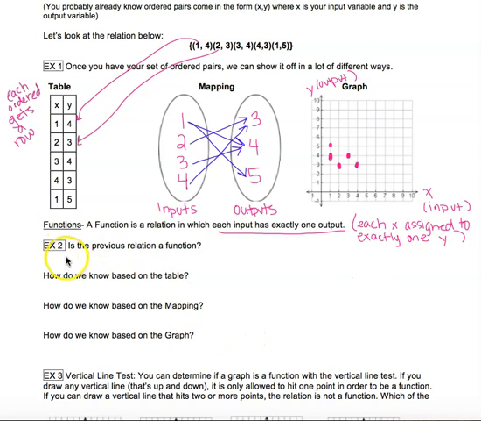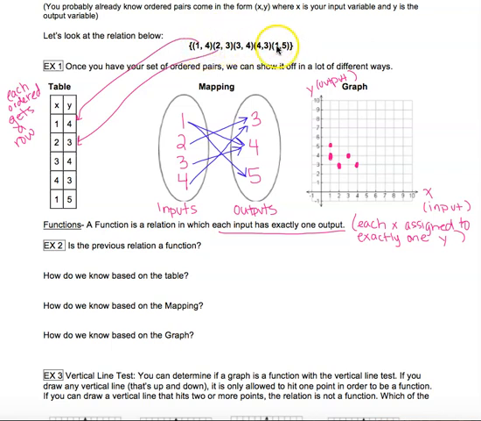So for example 2, we want to decide, is the previous relation a function? So we're going to look at our ordered pairs, and do I have each X assigned to exactly one Y? So I look at each X. 1 goes to 4, 2 goes to 3, 3 goes to 4, 4 goes to 3, and then 1 goes to 5.